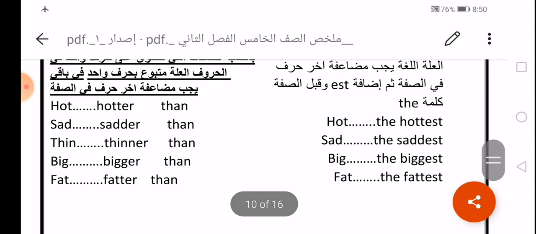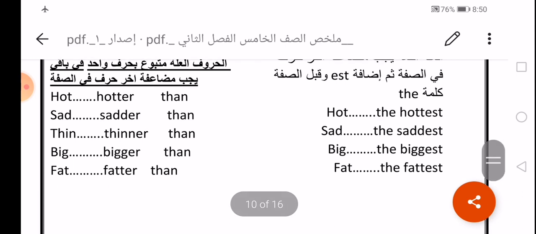You are going to find er at the end of each one of these adjectives. Hot, hotter than. Sad, sadder than. Thin, thinner than. Big, bigger than. And fat, fatter than.